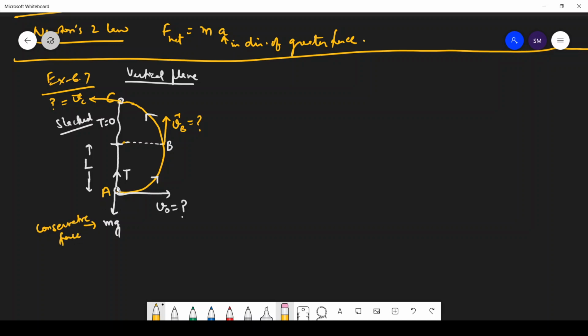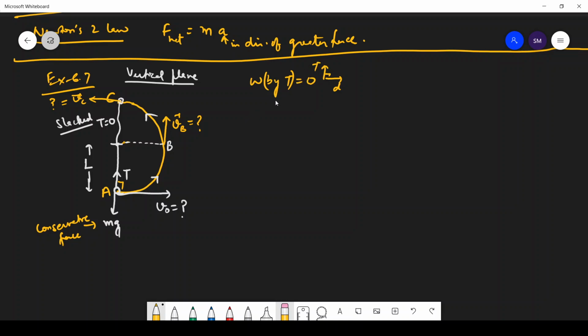Now, what about the work done by the tension force? The angle between displacement, the direction of motion, and tension is, so we just did it yesterday, the work done by tension force, this is tension, this is the direction of motion, displacement. So the work done by tension force is always 0.